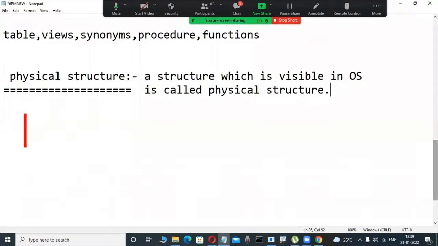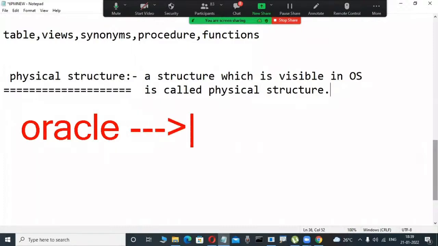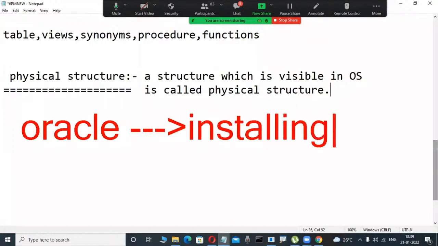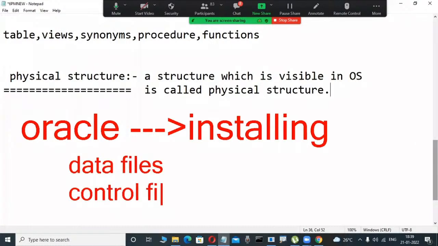Same like that, Oracle is a relational database software. MySQL, SQL Server, we are installing, for example. Whenever I'm installing Oracle, physical files are automatically created. Some physical files, called data files, .dbf files, control files, and also redo log files are created.